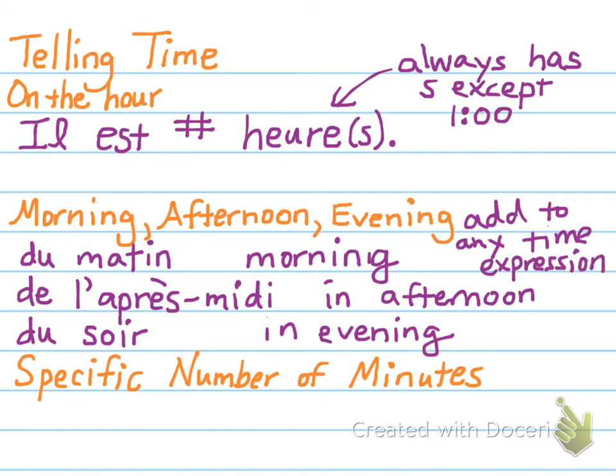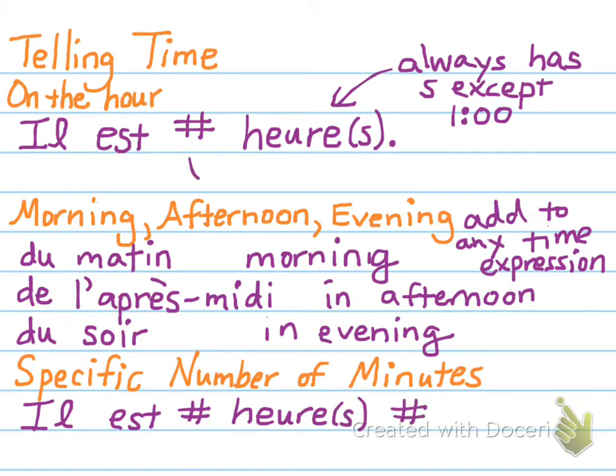To tell the time when we have a specific number of minutes, our format is il est, our number, and then our number. So up here, remember this first number is the number for the hour.